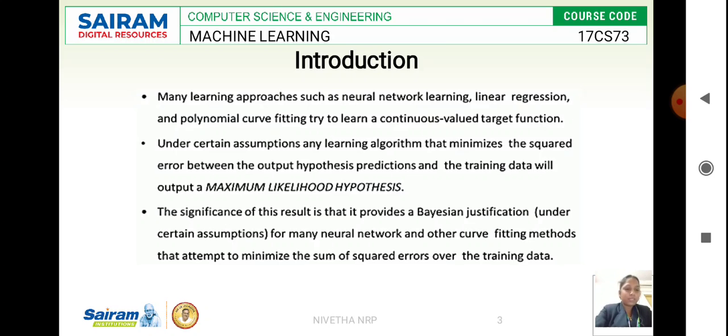And the concept here is that whenever you minimize your squared error, the least square error, then you can obviously increase your maximum likelihood hypothesis.